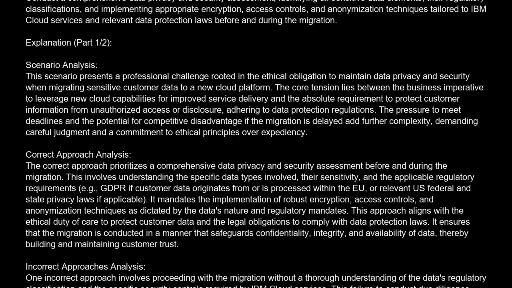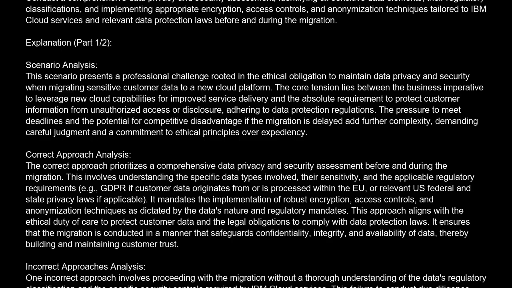It mandates the implementation of robust encryption, access controls, and anonymization techniques as dictated by the data's nature and regulatory mandates. This approach aligns with the ethical duty of care to protect customer data and the legal obligations to comply with data protection laws. It ensures that the migration is conducted in a manner that safeguards confidentiality, integrity, and availability of data, thereby building and maintaining customer trust.